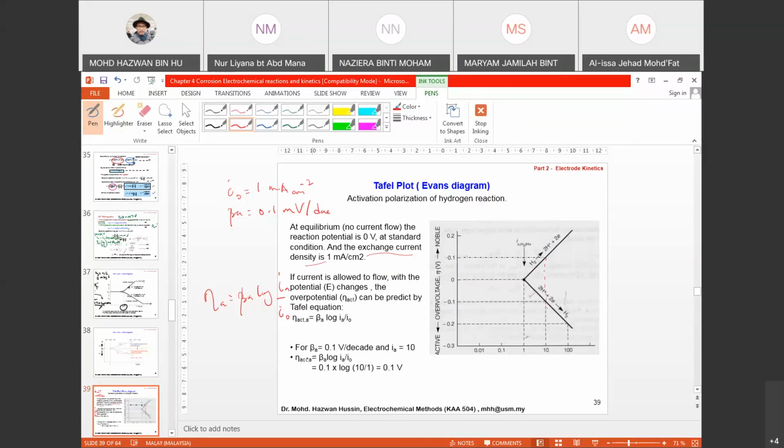So we just substitute into the equation. What you will get is 0.1, because this is the potential value that you get, 0.1 here, times log of the anodic current density, which is equal to 10. The exchange current density given is equal to 1. So if you calculate altogether, you get 0.1 volt.